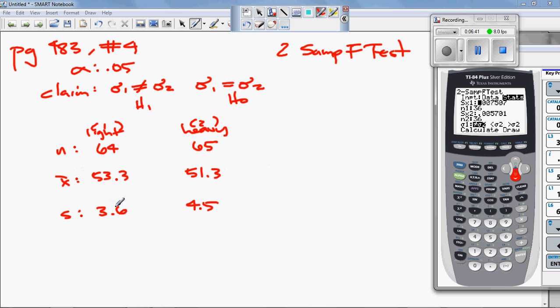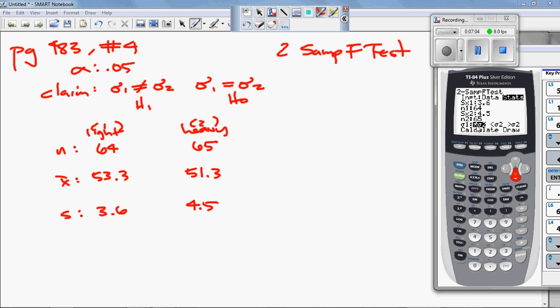Alright, so first sample standard deviation is 3.6. The first sample size is 64. The second sample standard deviation is 4.5. And the second sample size is 65.